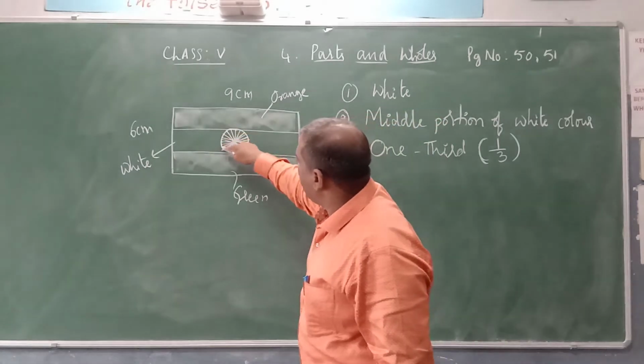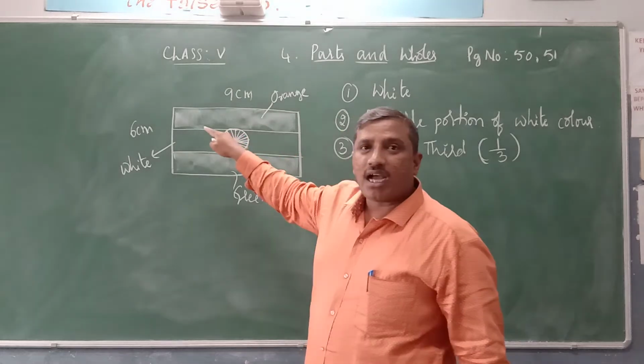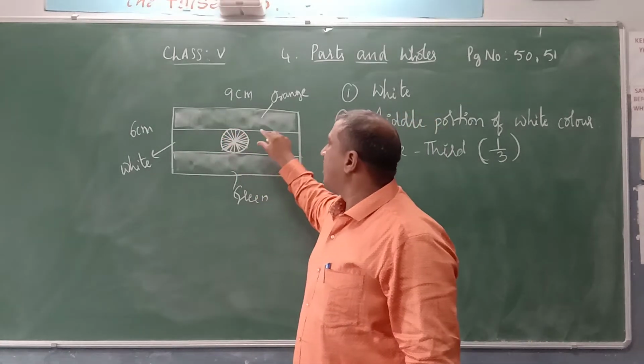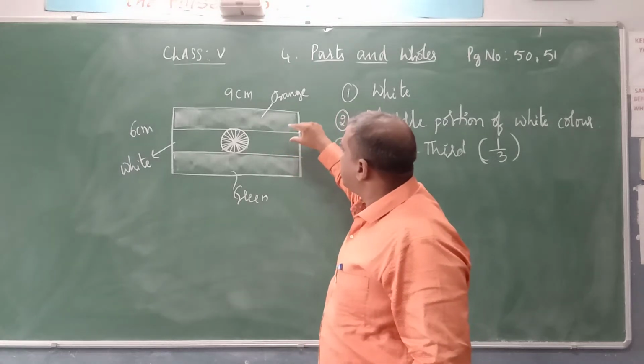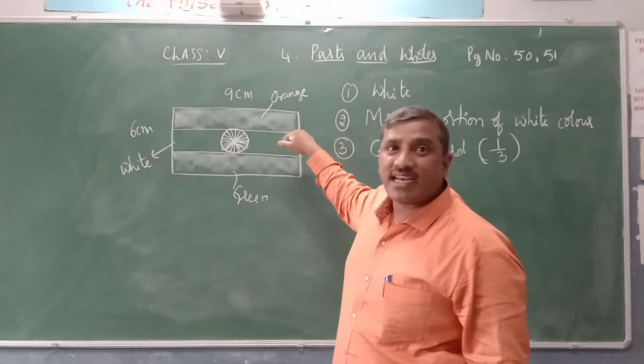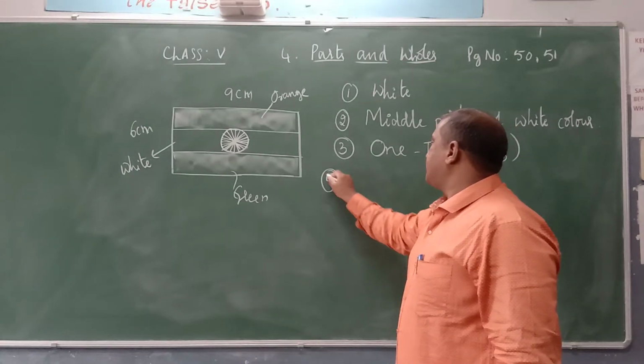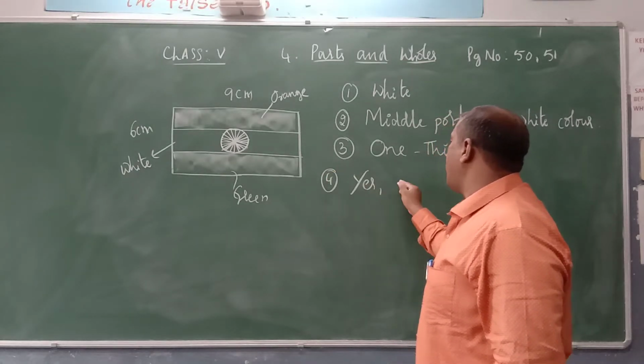Yes, because here in the middle the Ashok Chakra is there, which is in blue color, so it occupies some white color. That's why the white color is less than 1/3 of the flag. Yes, it is less than. Why?